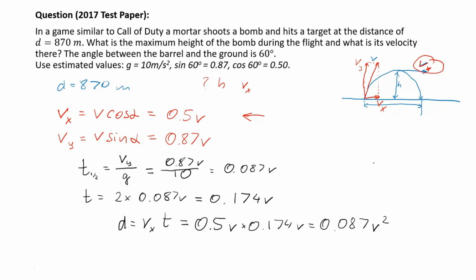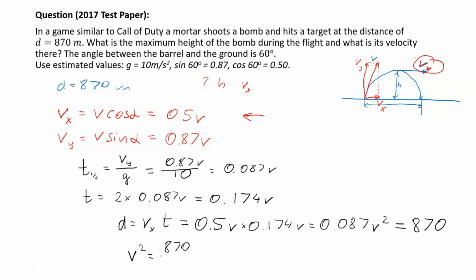the formula for distance. So I can tell that whatever we have here, this is 870. From this, I can now find that v squared equals 870 over 0.087, and you can use a calculator for this.